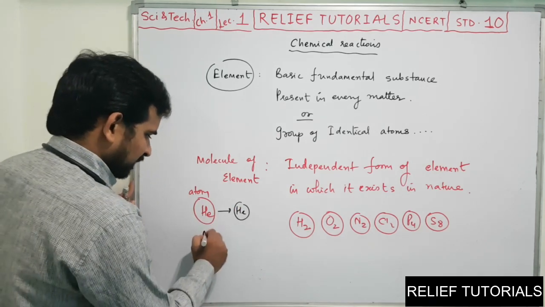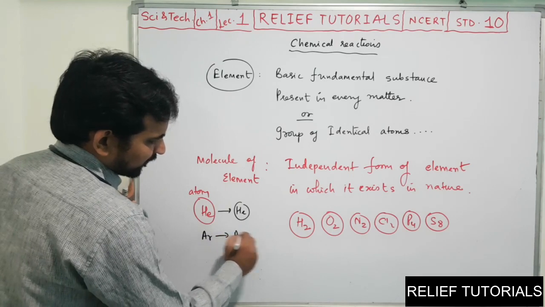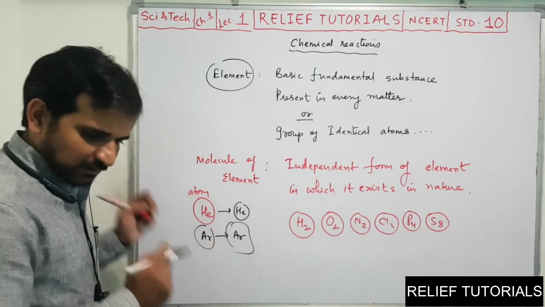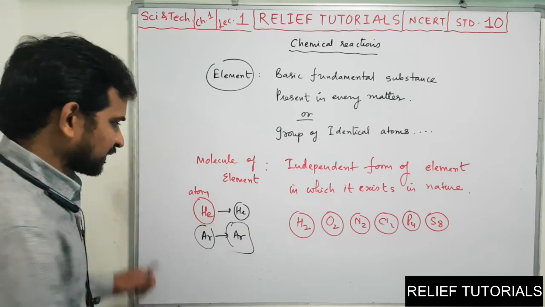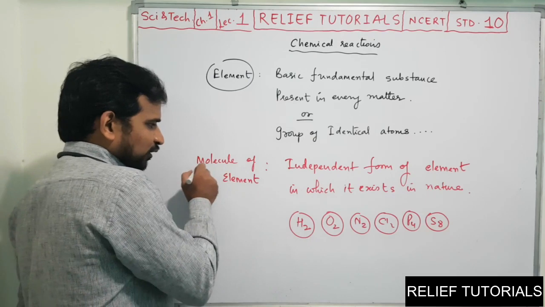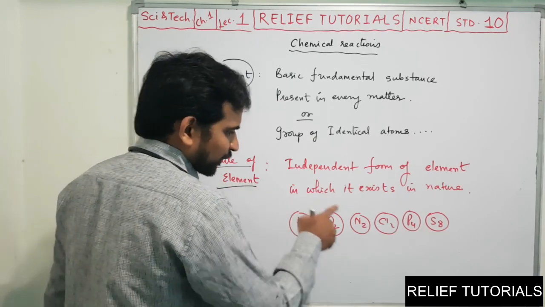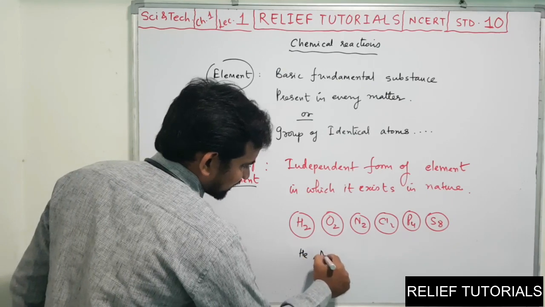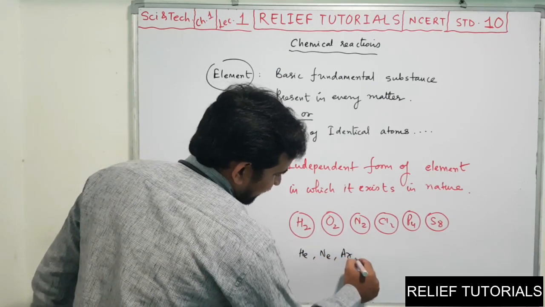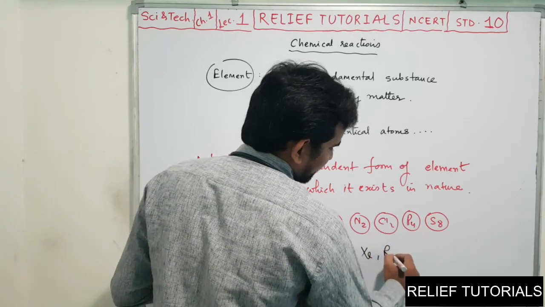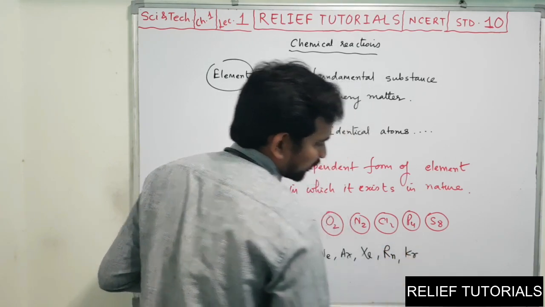Many others, for example, argon. Argon is also represented by Ar only because it is available in nature in a single atomic form in your surroundings. So these are some examples of molecules of elements: H2, O2, N2, Cl2, P4, S8, and many others like He, Ne, Ar, meaning helium, neon, argon, xenon, radon, krypton.